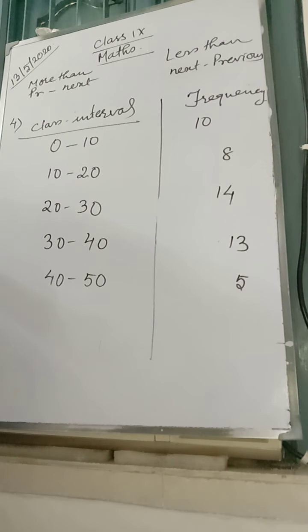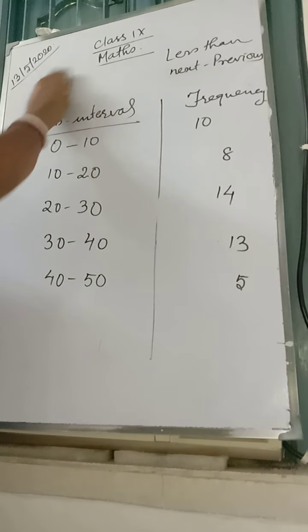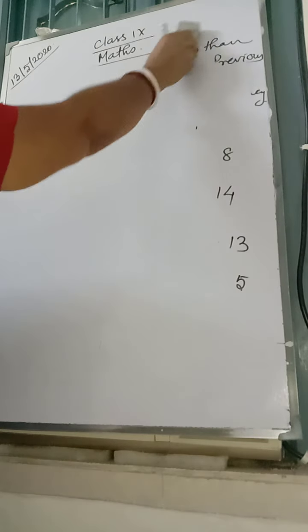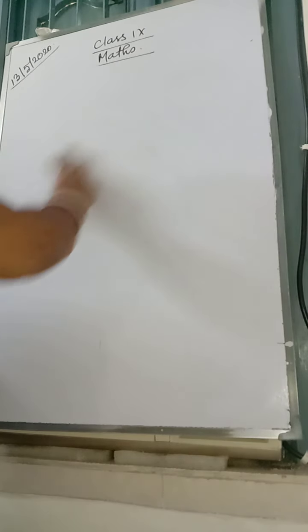Okay. Now come to question number 5. You have written more. Now look at question number 5. Here it says more than 25, more than 30. More than 25 means from 25 to 30, the data belongs to, because the next column is written more than 30.